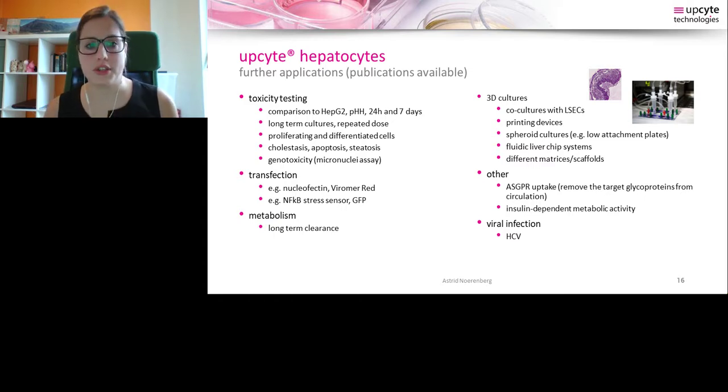You can use them in printing devices, spheroid cultures, for example, low attachment plates, also fluidic liver chip systems, and put them on any different scaffolds or matrices. Other applications are, for example, insulin-dependent metabolic activity assays, and you can also use them for viral infection. For example, we have published data for HCV.